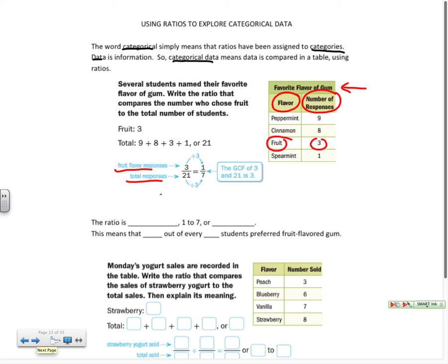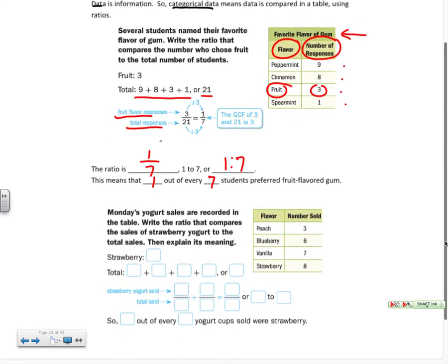So that's my first number in our ratio. Total responses, I have to add 9 plus 8 plus 3 plus 1. And that gives us 21. So that's our total. So we need to simplify by dividing by 3. So the ratio is, in fraction form, 1 to 7. In word form, 1 to 7, or with a colon 1 to 7. This means that 1 out of every 7 students preferred fruit-flavored gum.